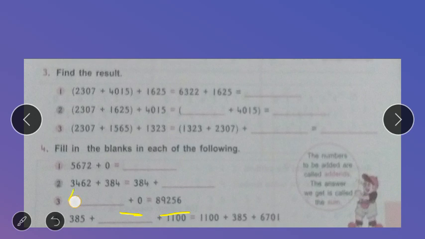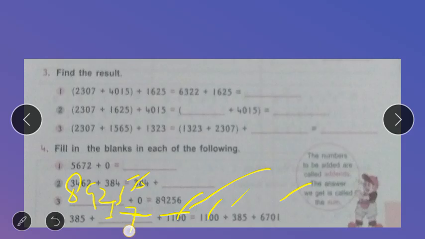So the number is 89256 only. If you add 0 to this number, you will get the same answer. 385 plus blank plus 1100. So 1100 is there. 385 is also given on both sides. Only what is left? 6701. That you have to fill in the blank.